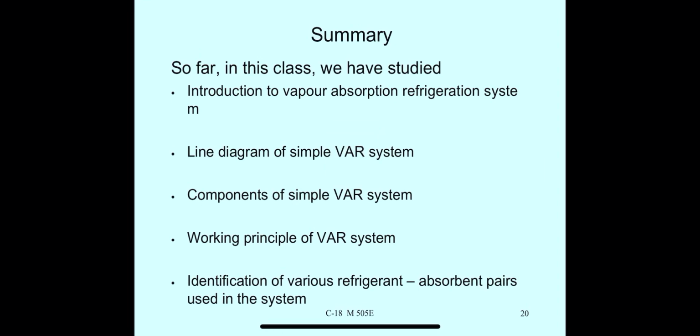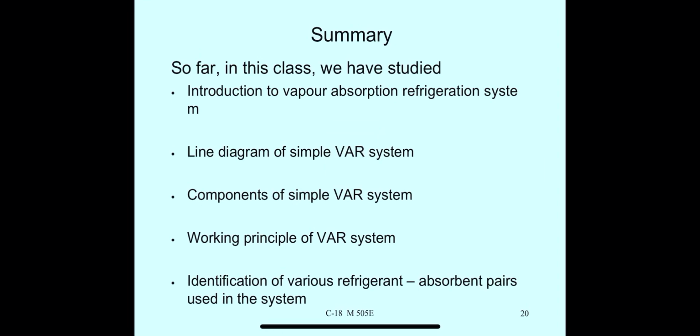But in the vapor absorption refrigeration system, instead of the compressor we use only an absorber and generator, and the condenser, expansion device and evaporator are the same as in the vapor compression system.